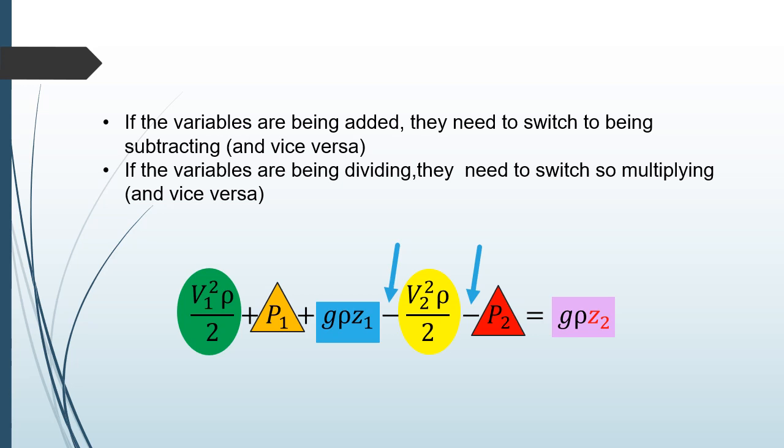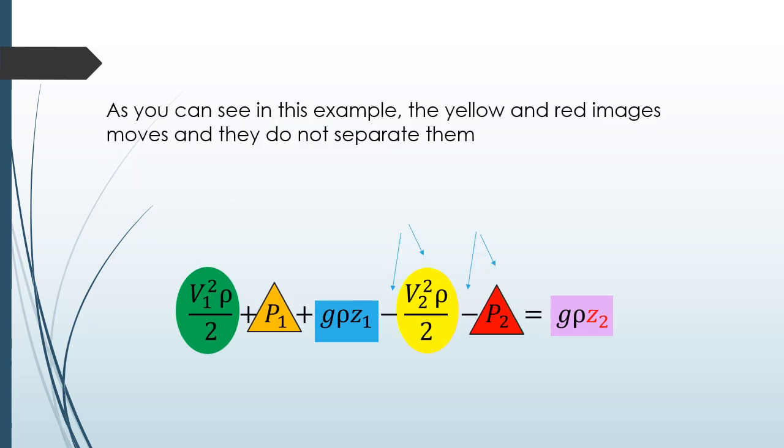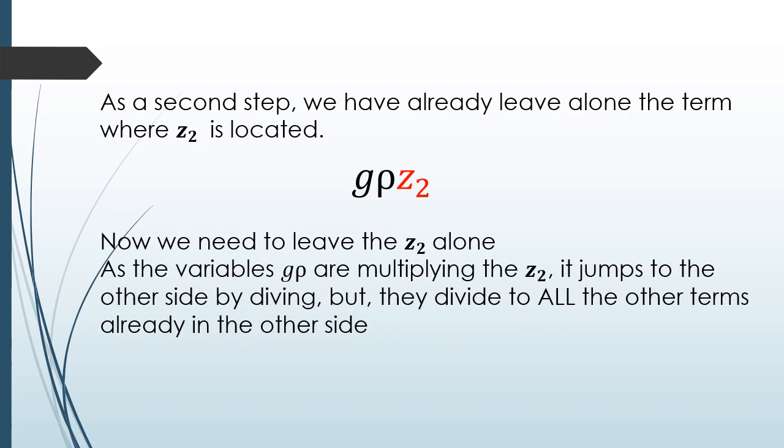Now we have moved the elements that were adding to our purple square, and now we can focus on the purple square to leave alone the Z2. In this case, this purple square is formed by the G, the rho or density symbol, and the Z2.